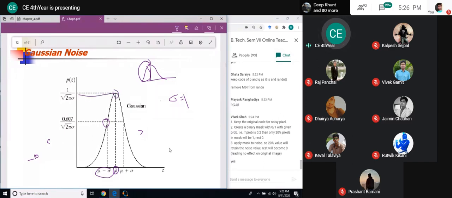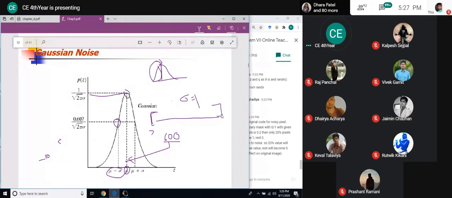That is my requirement. That's why I want to generate the entire Gaussian noise together. Suppose I have 600 pixels having noise, those 600 pixels' noise should behave like this. Understood? So the entire noise should be generated together. That is our requirement.